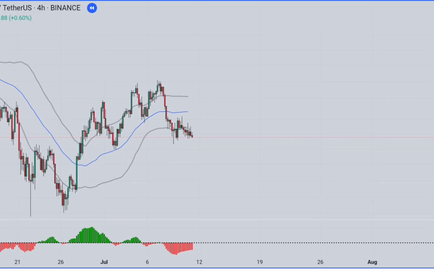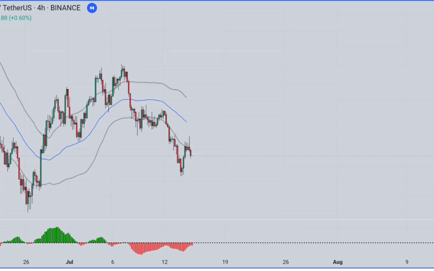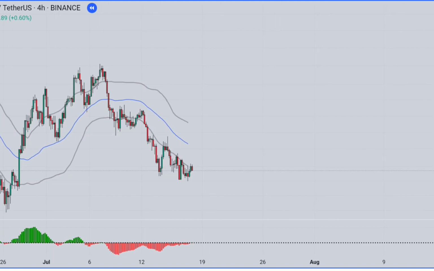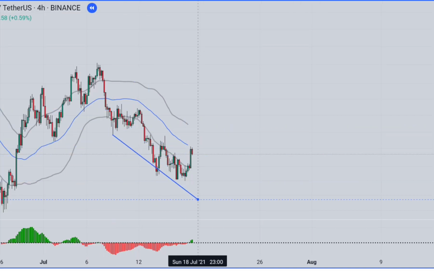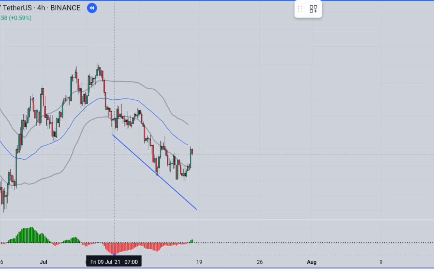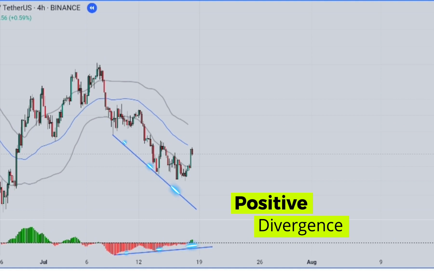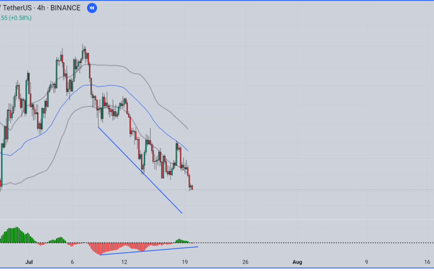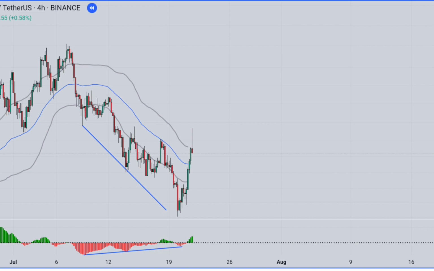Now let's look at an example of a long position, but let's apply the technique of taking profits gradually.